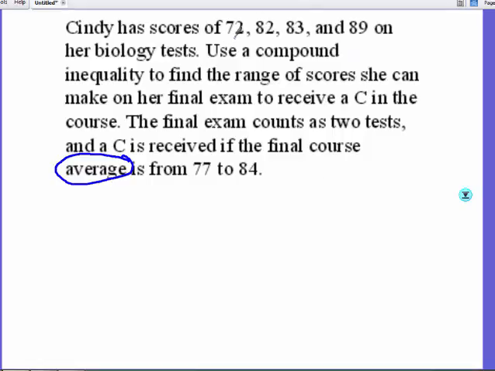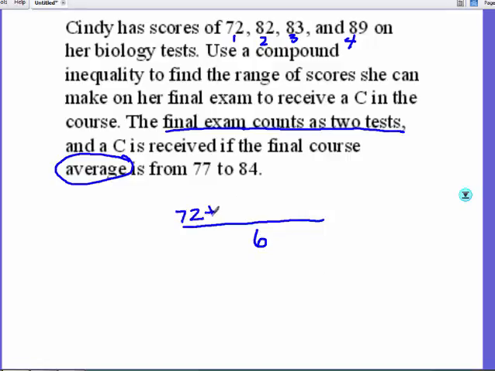So let's see. I have 1, 2, 3, 4 tests plus the final, right? But the final counts as 2 tests. So when we think about finding average here, we have our 4 tests plus the final counts as 2, which means that altogether we're going to have 6 total tests.